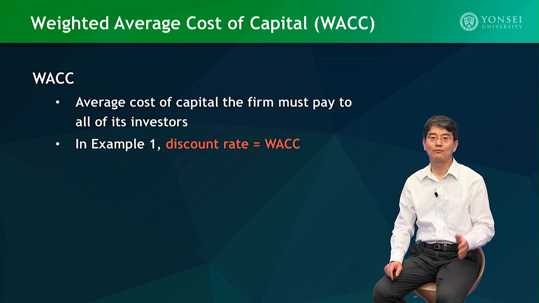When we discount future free cash flow that will be paid to both debt and equity holders, we should use the firm's weighted average cost of capital as its discount rate. The firm's weighted average cost of capital is the average cost of capital the firm must pay to all of its investors. In the previous example, the discount rate is the firm's weighted average cost of capital, and it is also called WACC for short.